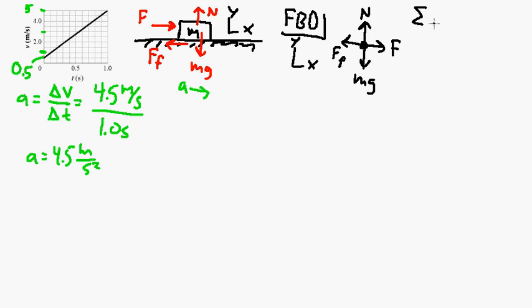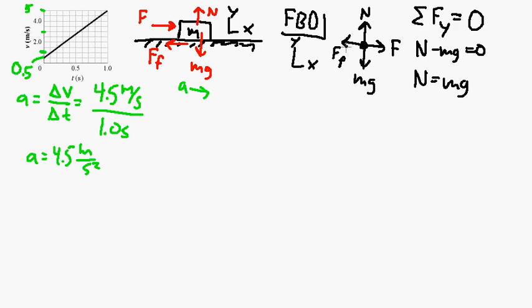As I think we're getting used to this by now, if we have friction, we know we're going to need the normal force, and we know we're not accelerating in y, so let's go ahead and do y first. Not accelerating in y, so sum of forces in y is 0. So that means N minus mg equals 0, which means N equals mg.